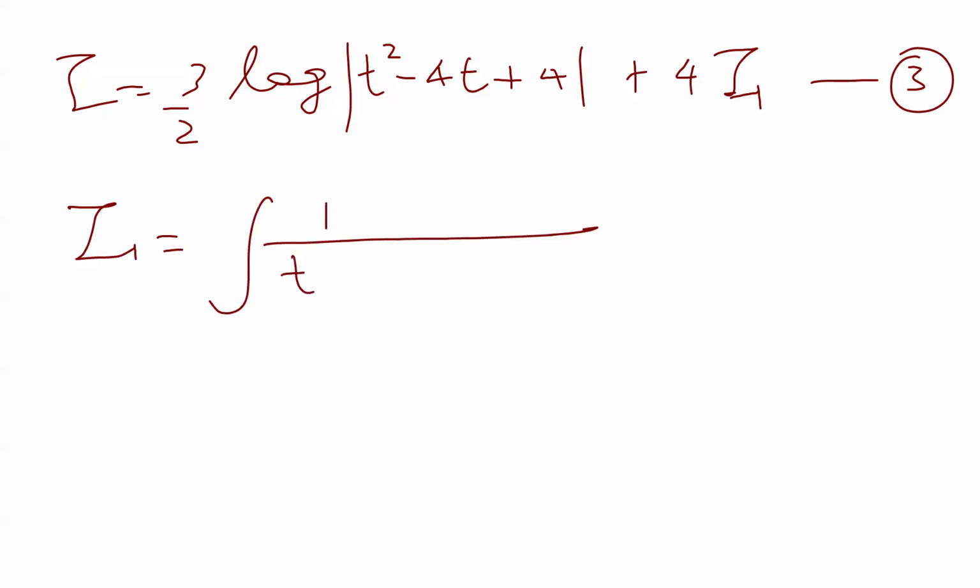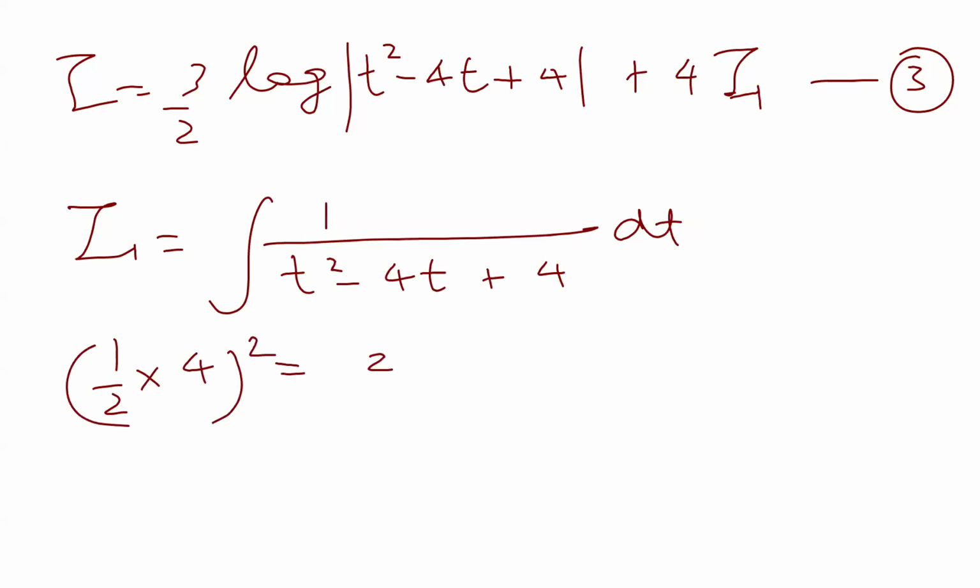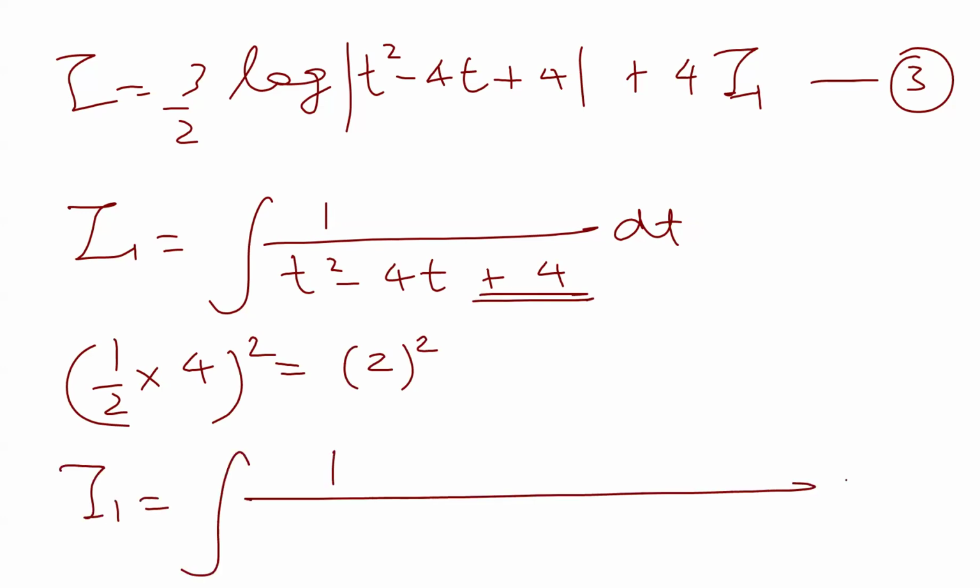1 upon t square minus 4t plus 4 dt. Okay, now we have a quadratic with a middle term and a constant in the denominator. You can use half into coefficient of x. So half into coefficient of x, x is t, so this will be 2 square. Before the last term and after the last term, just put that 2 square.